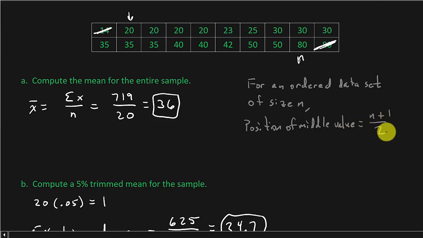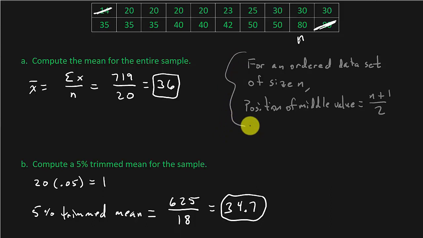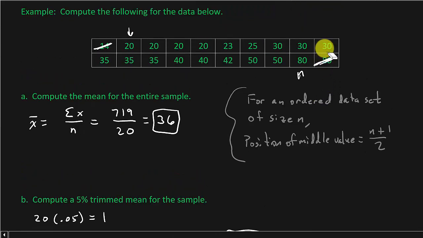You're going to use this for the median. It tells you where the middle value is, the position of the middle value. So let me erase this and look at it.